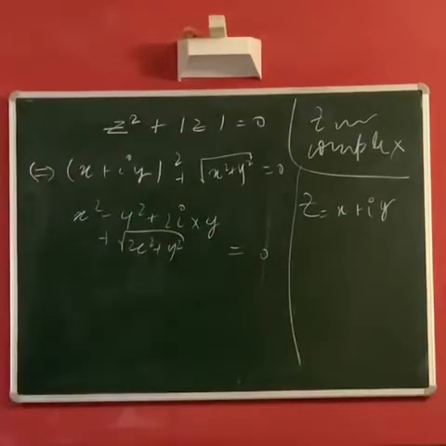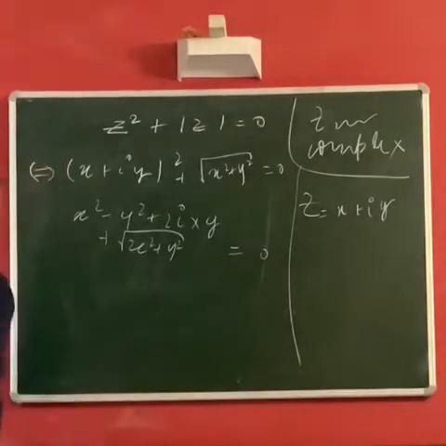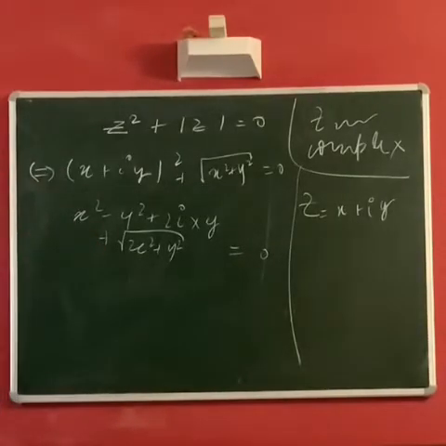Now, as I said in the initial lecture, we'll be using this fact of equality of complex numbers while solving complex equations. What did I say? For two complex numbers to be equal, both the real part and the imaginary part must be correspondingly equal.